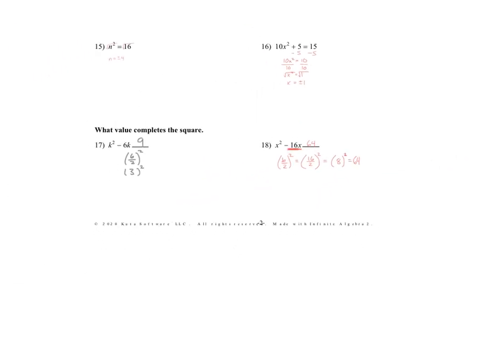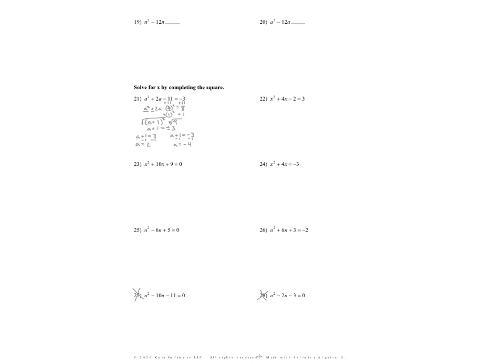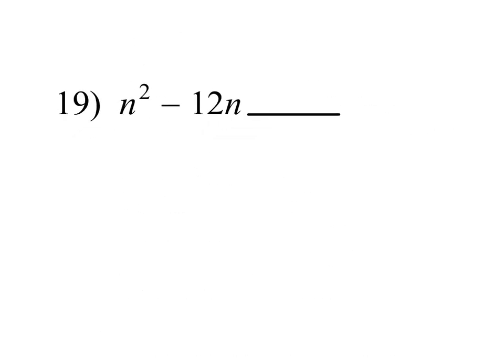Okay, let's go to 19. Alyssa, what do we do here? What did we just do in the last one? What's the formula that gives us the number that completes the square? b over 2 squared. So what's our b?